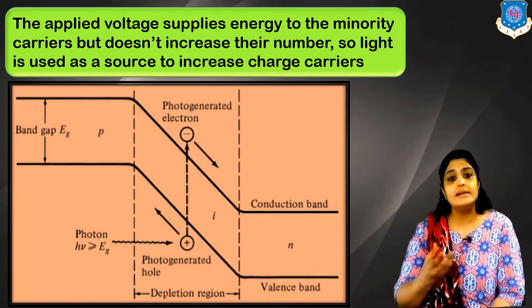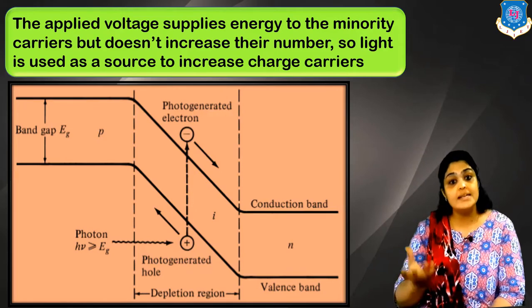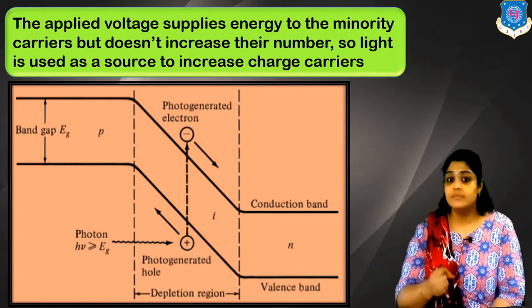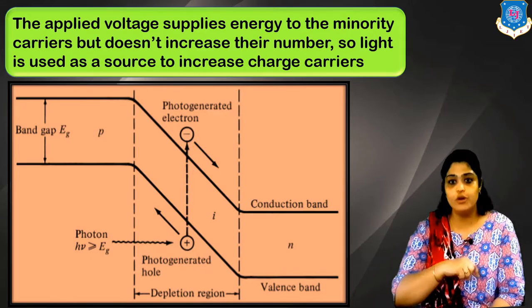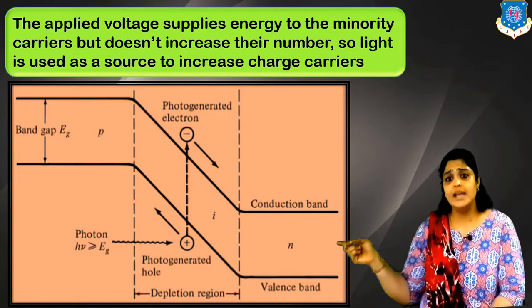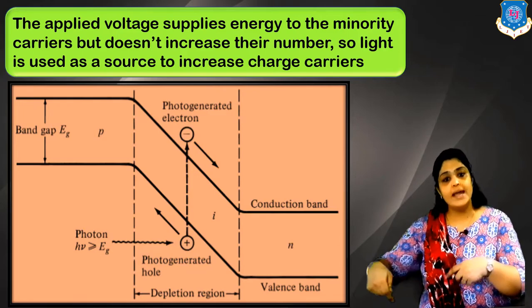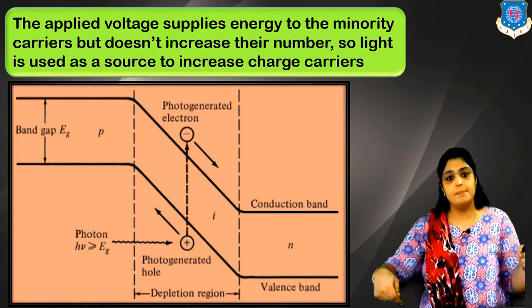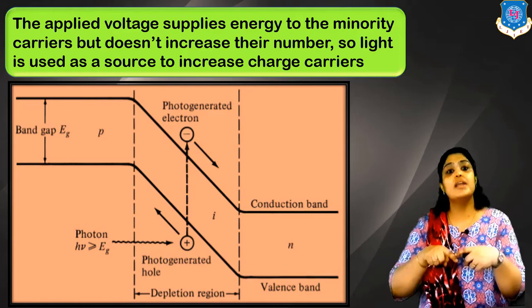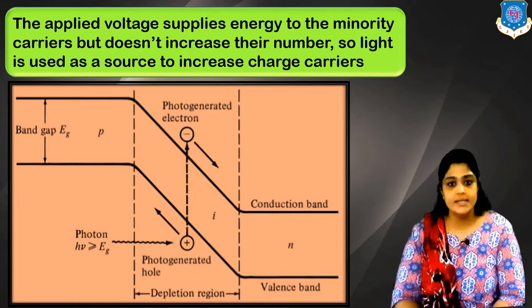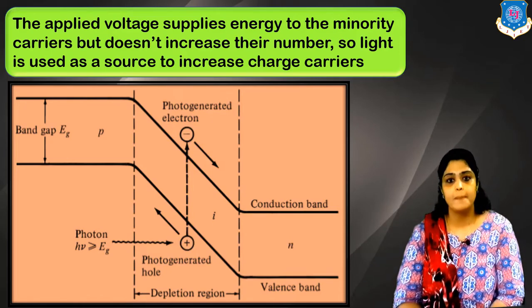What are photo-generated electrons? The electrons which are released due to absorption of light. That I explained to you while I was explaining the photoelectric effect. And you can see that the photo-generated electrons are moving towards the N and holes are moving towards the P. So this is how they recombine with each other, completing the circuit and giving us current.